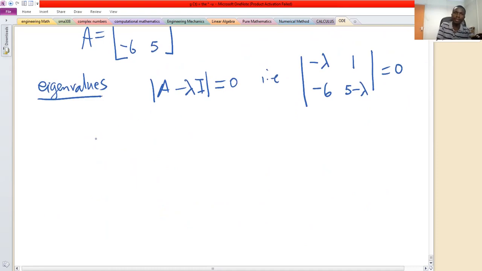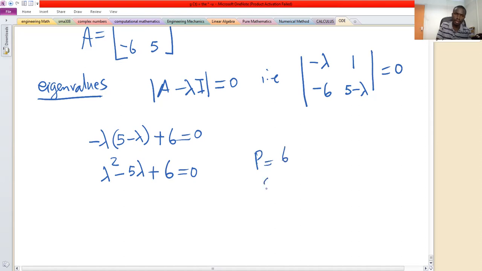And that will be minus lambda times 5 minus lambda, minus minus is plus 6, equals 0. So we'll have lambda squared minus 5 lambda plus 6 equals 0. This quadratic, product is 6, sum minus 5, numbers minus 2, minus 3.